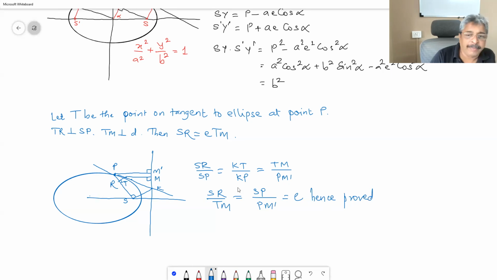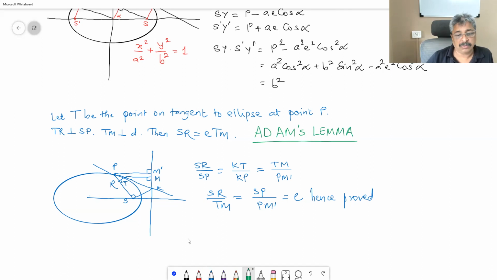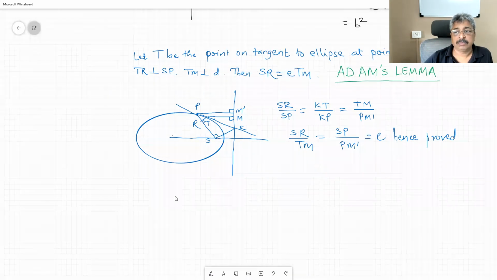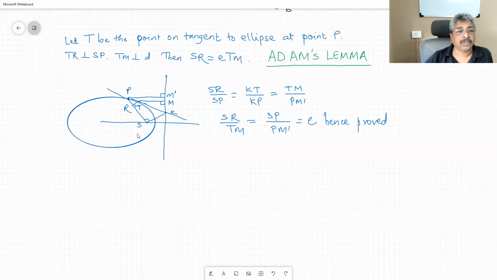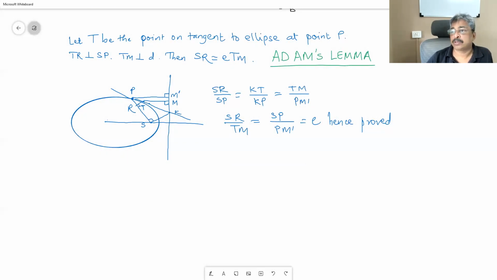This is called Adam's lemma. Because it is a lemma, it is going to give us one more good result, which will be a theorem.